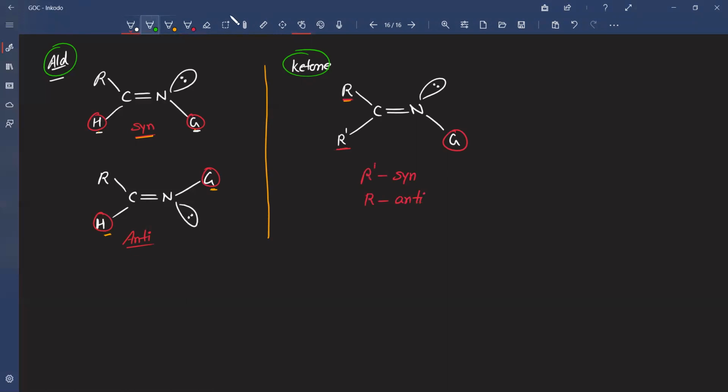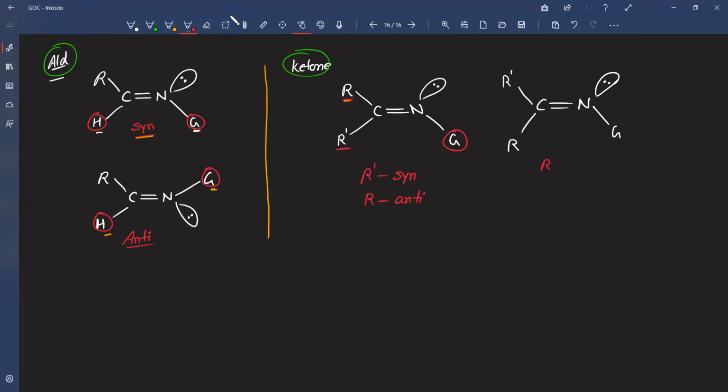And the other configuration will be what? Other configuration will be C double bond N, G here, sorry, if G is here and lone pair is here, and if this is R' and this is R. Now this one is what?